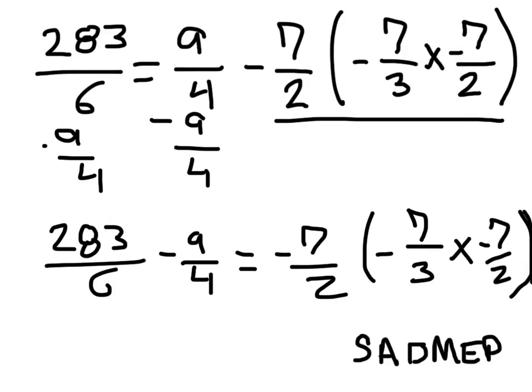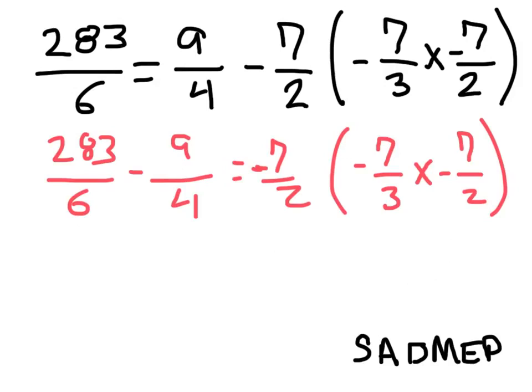If you remember from previous videos, we cannot add and subtract terms that are not like. Fractions are not like terms unless they have a common denominator. So we're going to have to find a common denominator for 6 and 4, and right away I can tell you the least common denominator will be 12. So to get 6 to 12, we multiplied that by 2. 283 times 2 is 566.